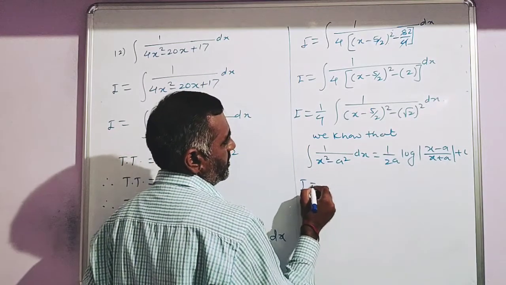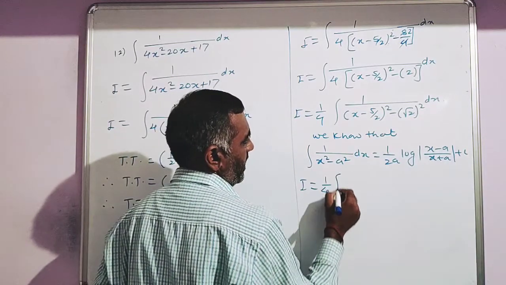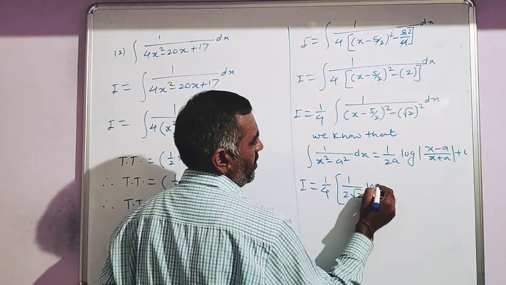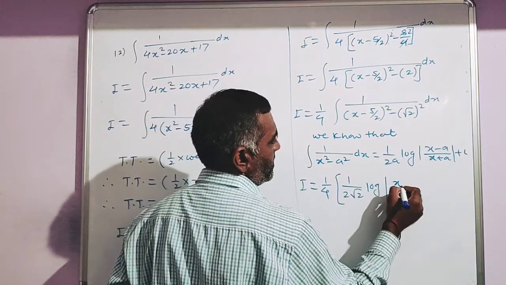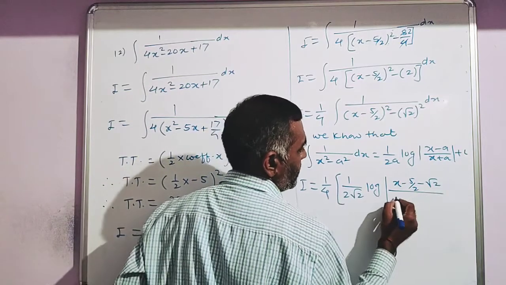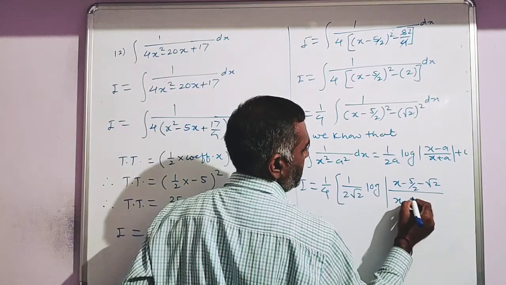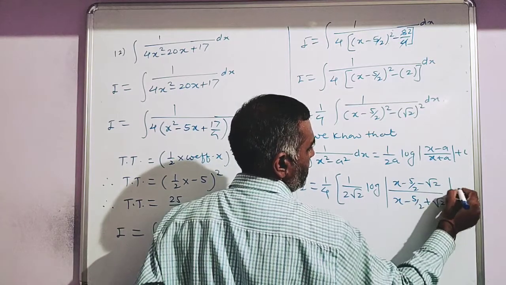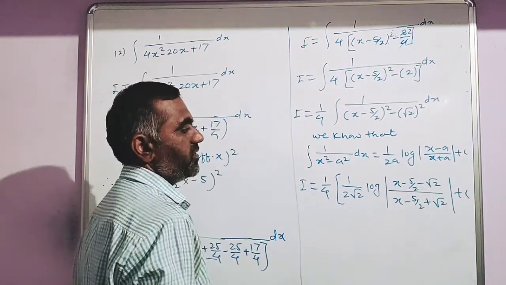Here I is equal to 1/4 in bracket 1/(2√2) log of mod of (x - 5/2 - √2)/(x - 5/2 + √2) plus c. This is your final answer.